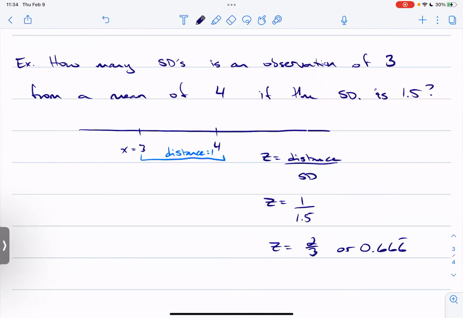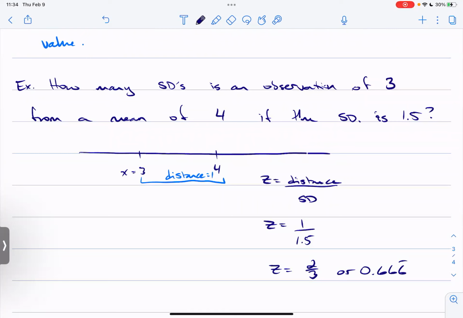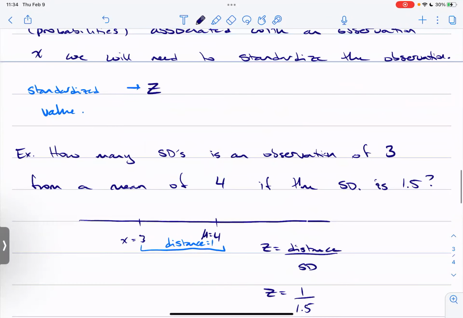If I had numbers that worked out better, that would have been nicer, but that's okay. So we said X is 3 and mu is 4. If we attach some notation to this, then X minus mu over sigma is how we standardize any value of X.